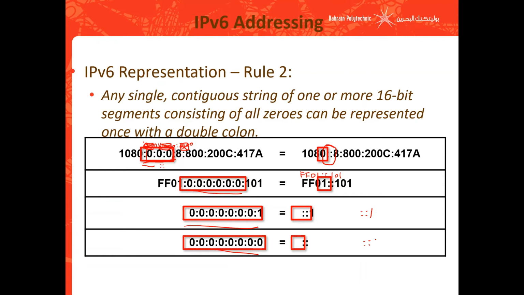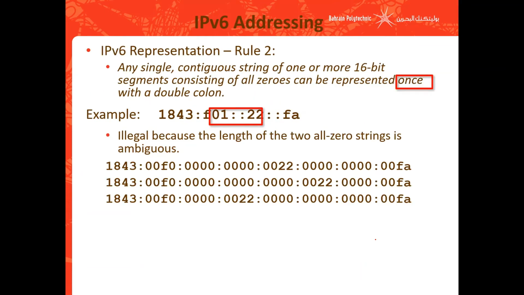The first rule basically was if you have leading zeros, you can remove those. And rule 2 was that if you have continuous zeros, you can remove those and just put double colon instead. Okay, so the trick here for rule 2 is that the double colon can only appear once.